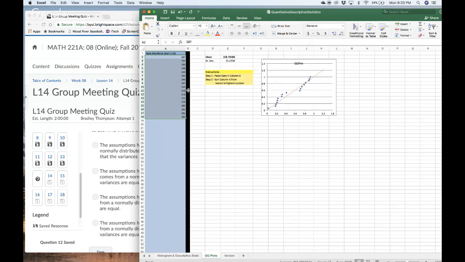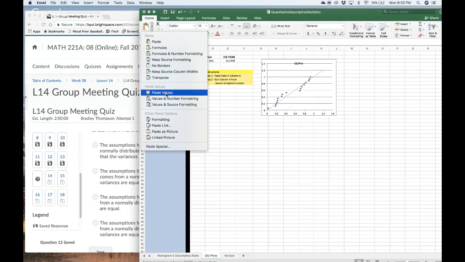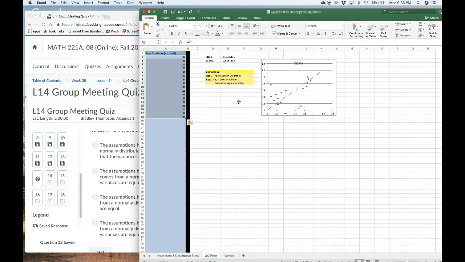So that one is the meat QQ plot. And this one's the poultry.